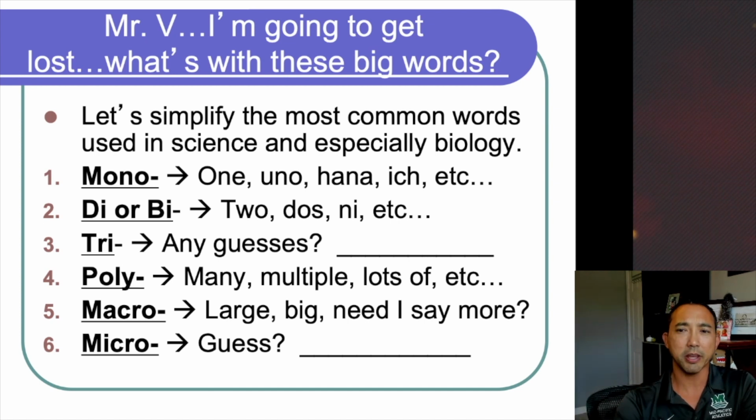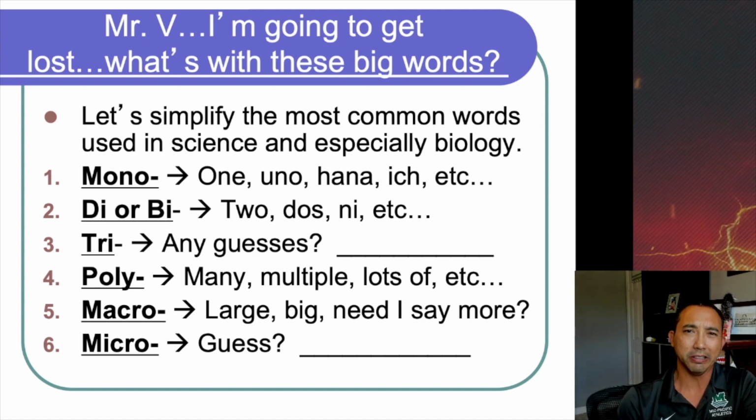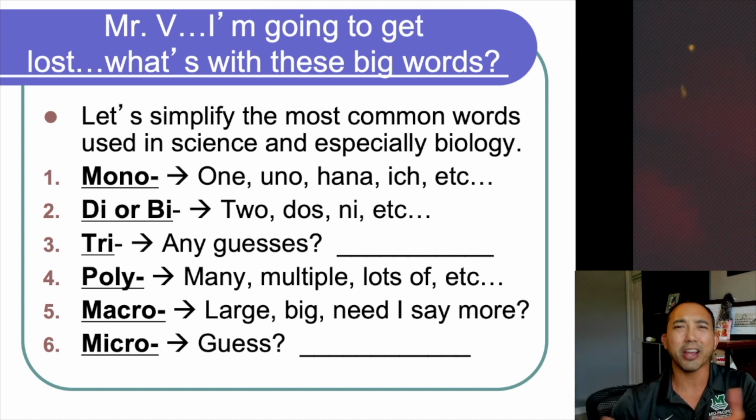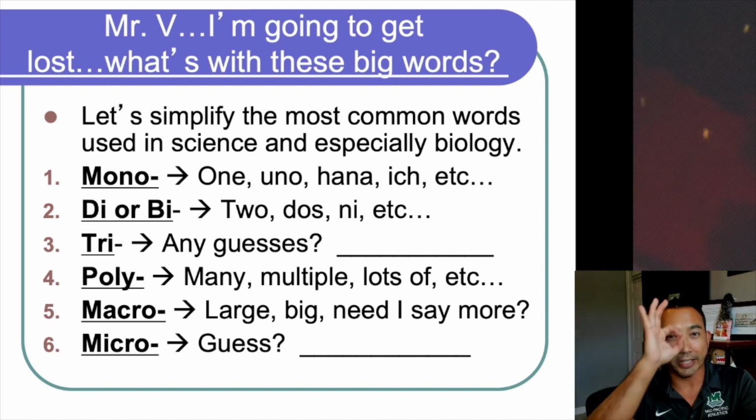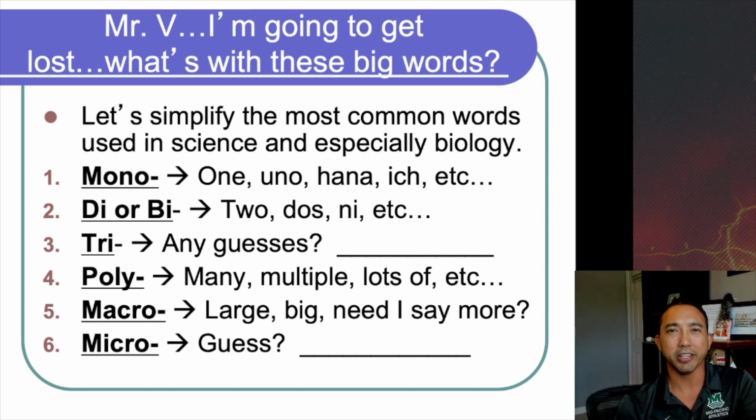So for example, mono means one, and I could have left it at one. However, I put uno, hana, ichi, etc. Why? Uno is one in Spanish, hana is one in Korean, and ichi is one in Japanese, right? So it's just conversation, we can talk about that. But overall, mono is one. So when you think of a monocle, like the Monopoly guy has that little monocle on his eye, right?